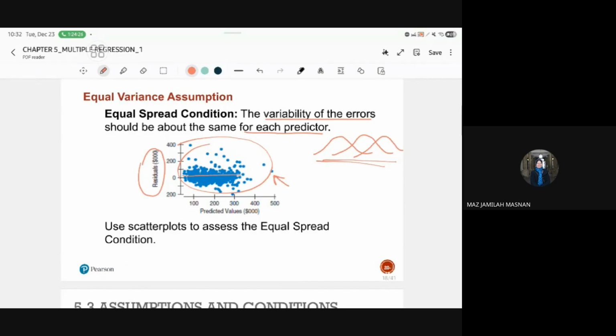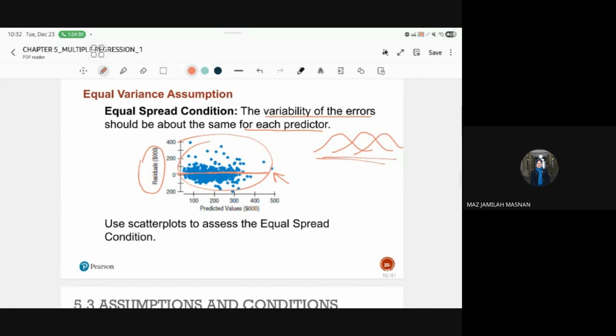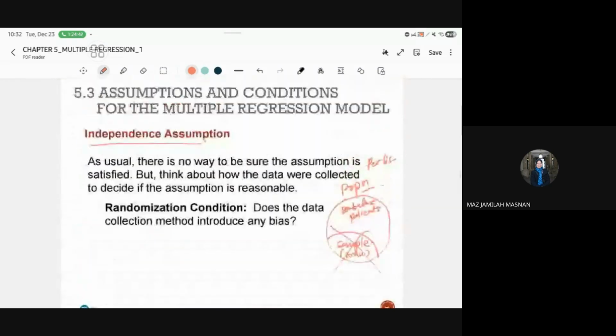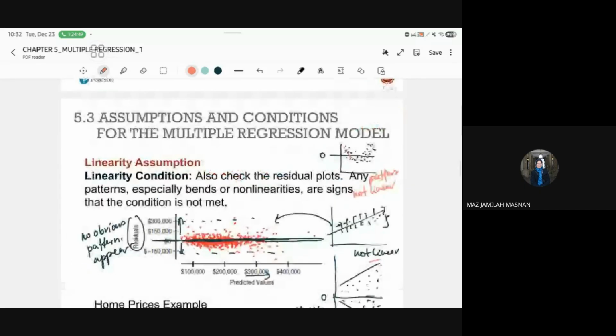As I mentioned just now, you have the line 0 over here. You can see the above distribution and the below distribution are almost similar. So in this case, we can assume that the equal variance assumption is fulfilled. Then the third one. This one is the first one, linearity.